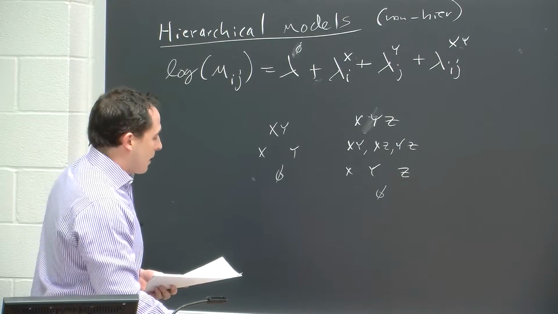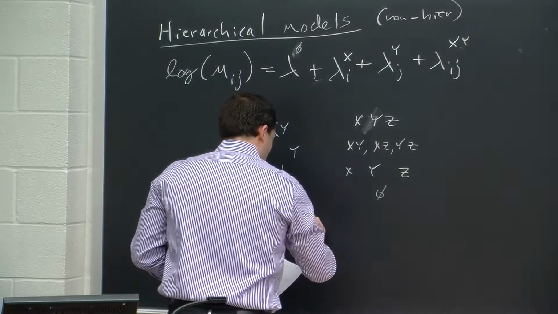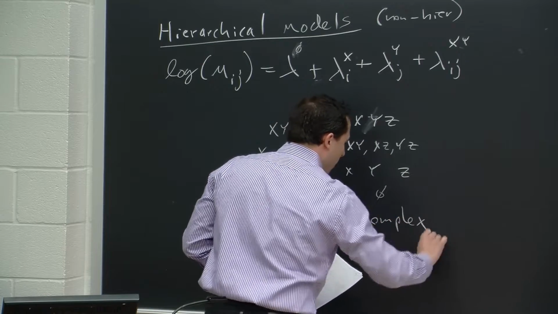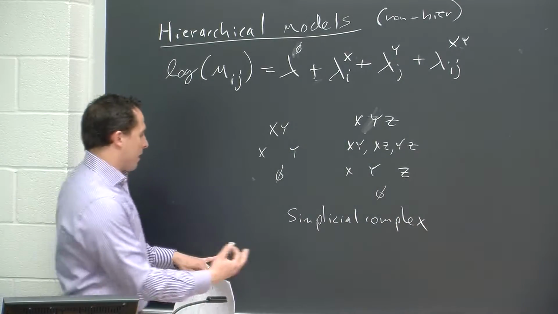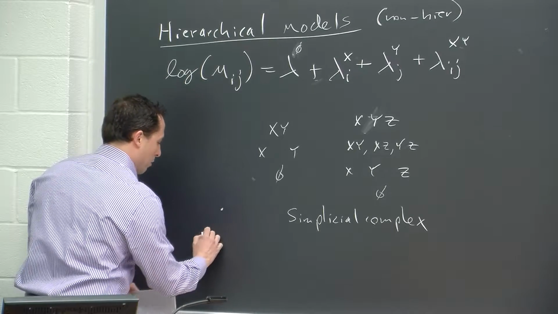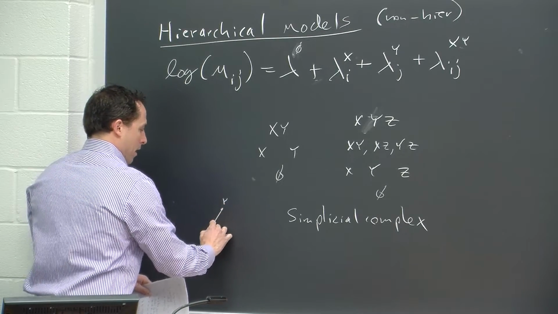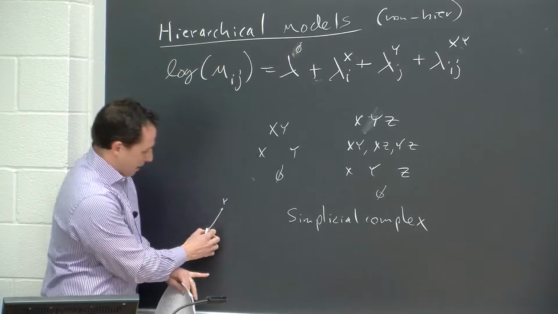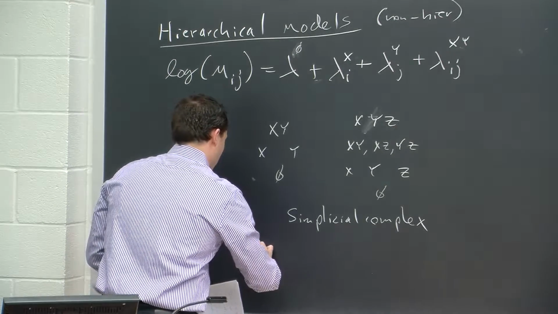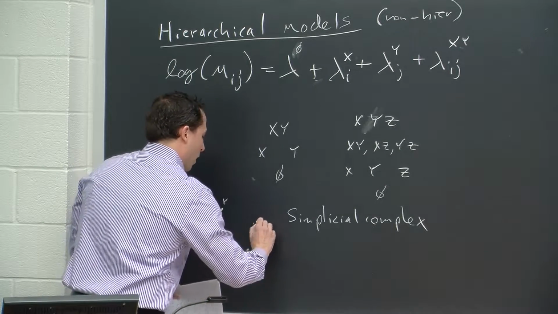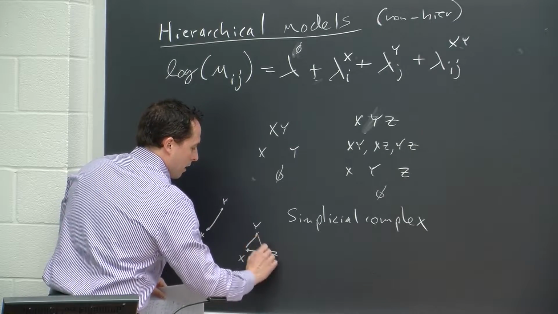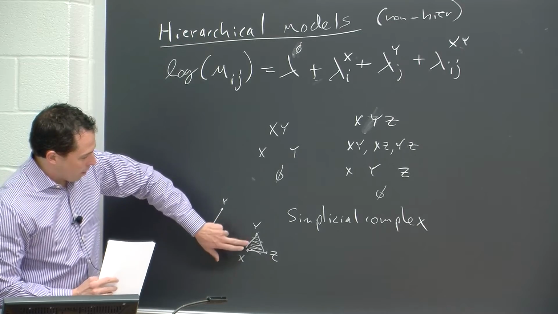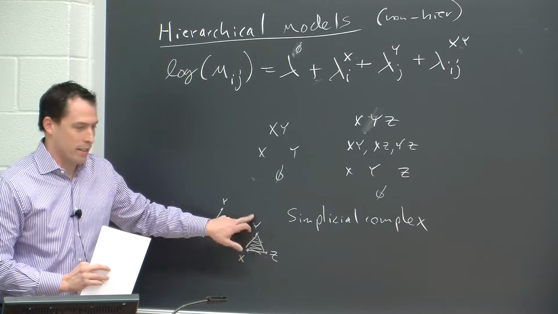This is connected to the idea of what's called a simplicial complex in mathematics. A simplex is just a set of points. Say I have two points and I give them names like x and y. The simplex is the set that contains all of them, and implicitly it contains its faces. So if I have the simplex x, y, z, it contains the set of x, y, and z, and I can think of it also as containing xy, yz, xz, x, y, z, and the empty set.